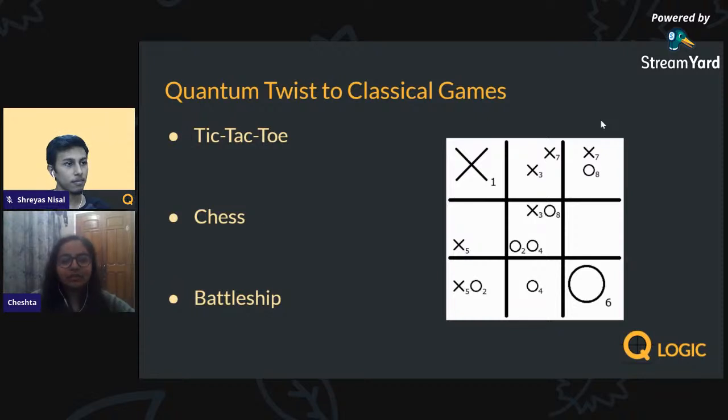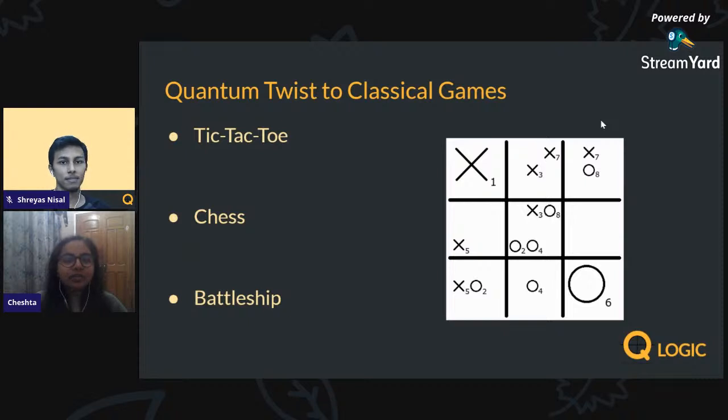Let me know if you guys have played any of the quantum version of these games. So these games are readily available online, and if you search quantum tic-tac-toe or any other game, you can find different versions devised by different people out there, and you can play them online.